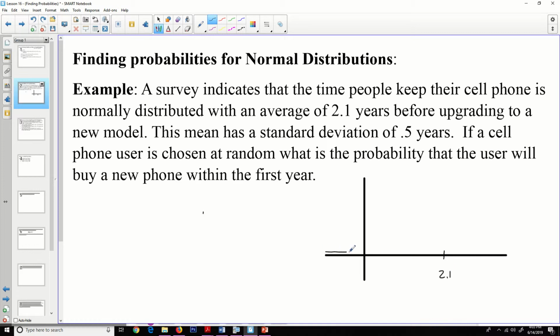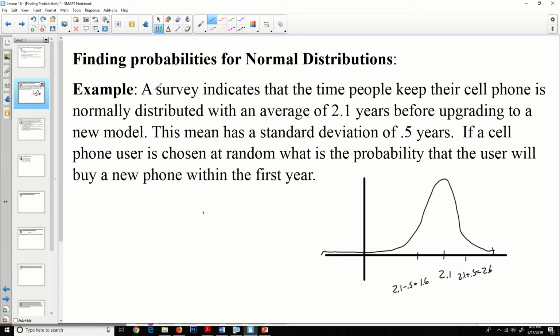So its graph, for its normal curve, which is not a standard normal curve, is going to look something like that, with the standard deviation being, well, if I go 1 standard deviation, 2.1 minus 0.5 is going to be 1.6, and then 2.1 plus 0.5 is going to be 2.6. And so that is going to be 1 standard deviation away on both sides.